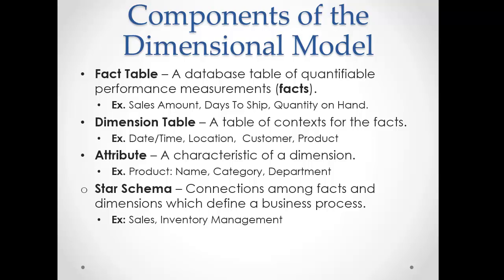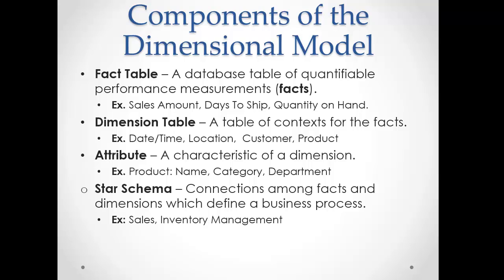These are the categories associated with the fact, like dates and times or locations or customers and products. Then we have attributes, which are characteristics of our dimension. These give us some detail to our dimension, like the name of the product, or the category of the product, or which department sells the product.